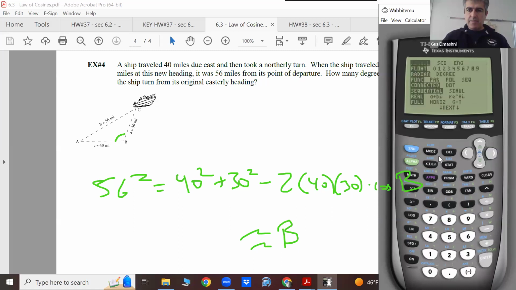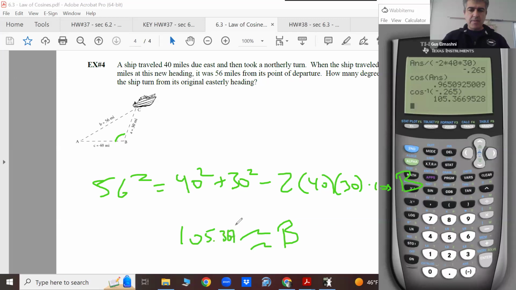Wait. See, this is why you've got to check the mode. So let me do that. And it's normal cosine anyway. You guys are correct. But regardless, it goes off. And that should be obtuse, I think. Yep, because second quadrant. 105.367 degrees, which makes sense.